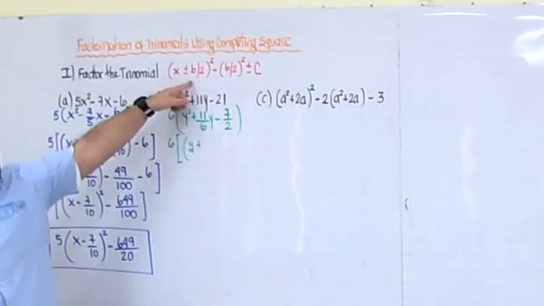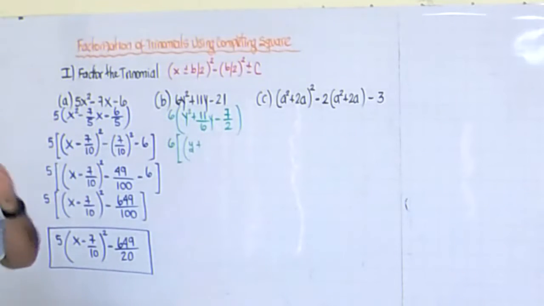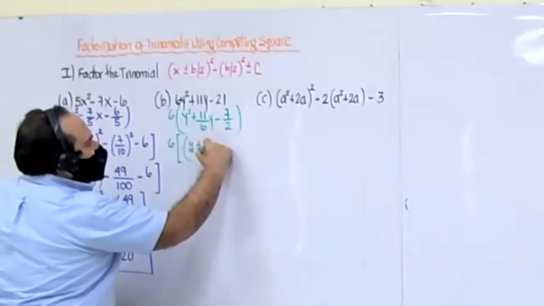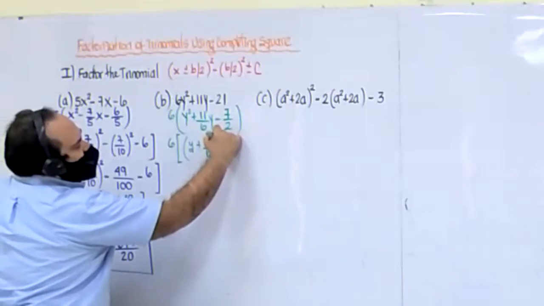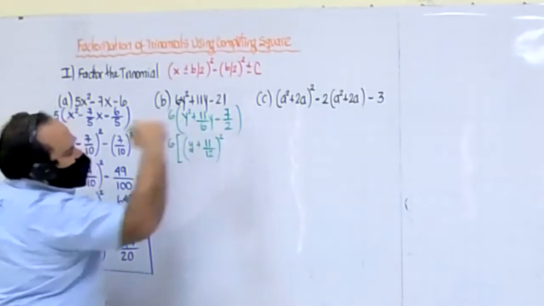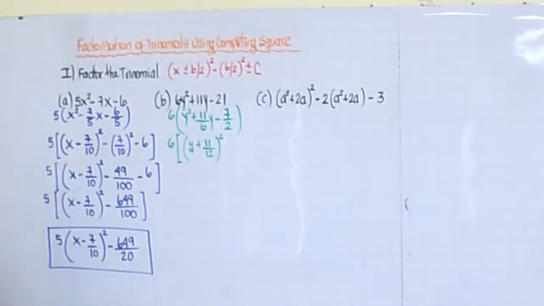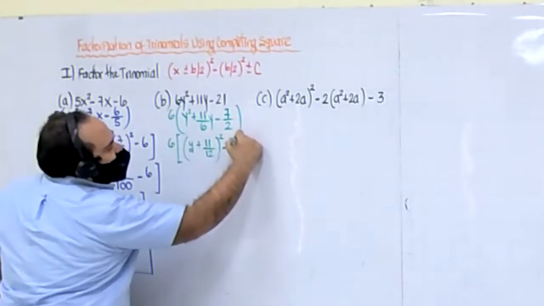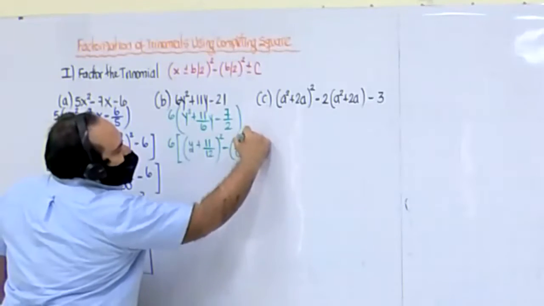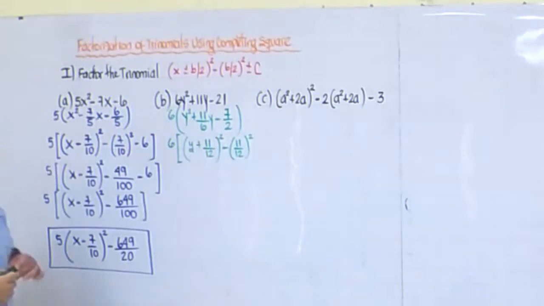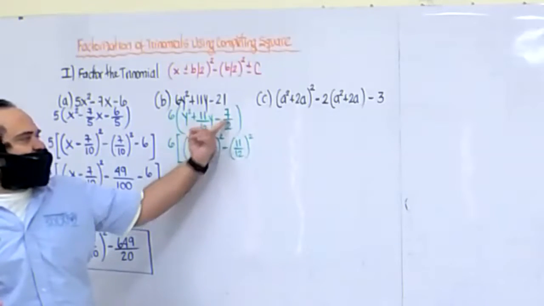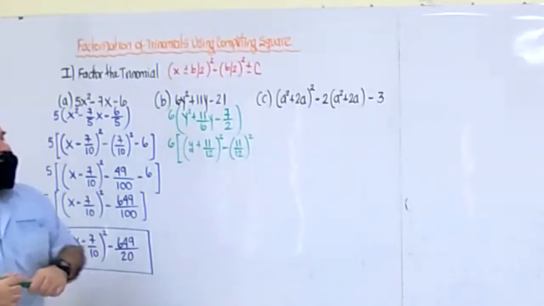The next term divided by 2: 11 over 6 divided by 2 will be equal to 11 over 12, close parentheses, squared, and we must subtract this answer squared and copy the independent term with its sign. This independent term will be -7/2.